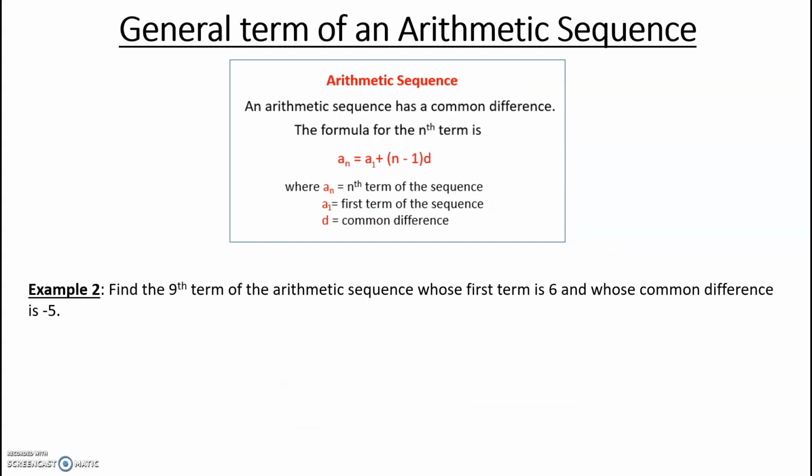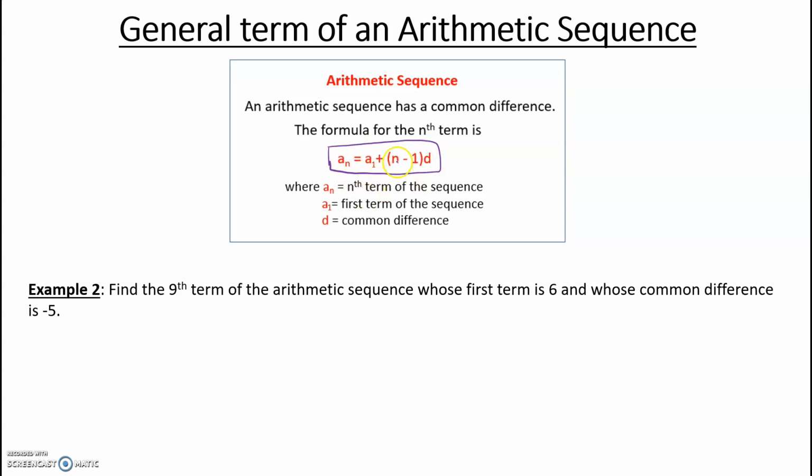Moving on. So the general term of an arithmetic sequence, it's a formula. So here's your formula, and this is if you want to find any term. So if you want to find the 100th term, you should be able to plug into this and find your 100th term. A sub n is whatever term you want to find, your nth term. A sub 1 is always your first term.